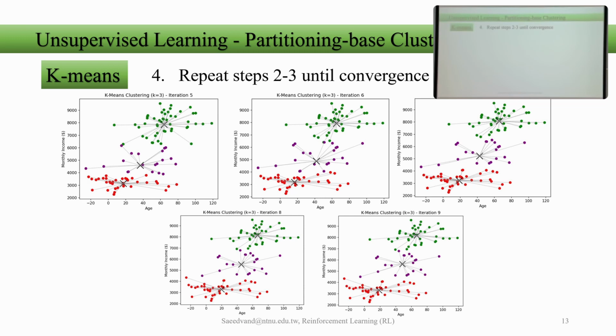Then we continue again, let's move up to convergence to finish these steps. Iteration 5. Iteration 6, the purple one is still going up, you can see. Iteration 8 and iteration 9, it is almost stopping over here. Now, look what happened.